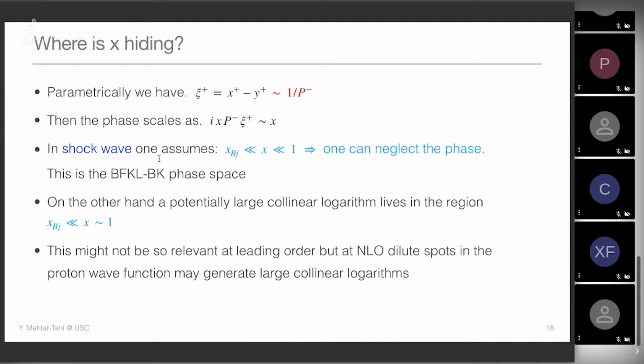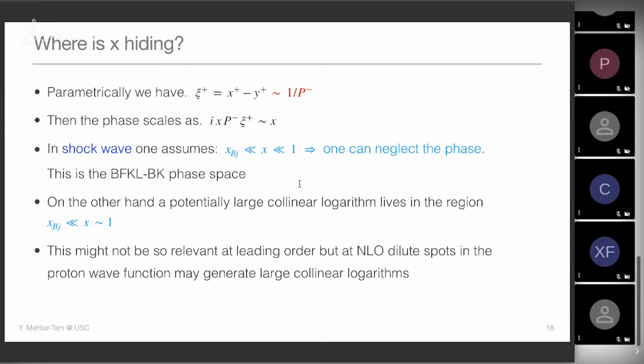So in the shockwave approximation, we assume that there is a strong ordering in x. Bjorken x is much smaller than the Feynman x, meaning the gluon x, which is much smaller than 1. If this strong ordering is satisfied, then one can neglect the phase. That's basically the phase space for BFKL and BK. That's how you get the large logarithms, soft logarithms, rapidity logs.